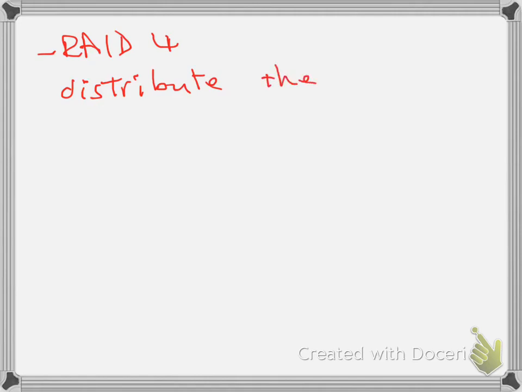Then they said, okay, we don't want to distribute the bits, we would like to distribute the blocks instead. And that's why now we will have something called RAID 4. With this RAID 4, we distribute the blocks instead of bits.